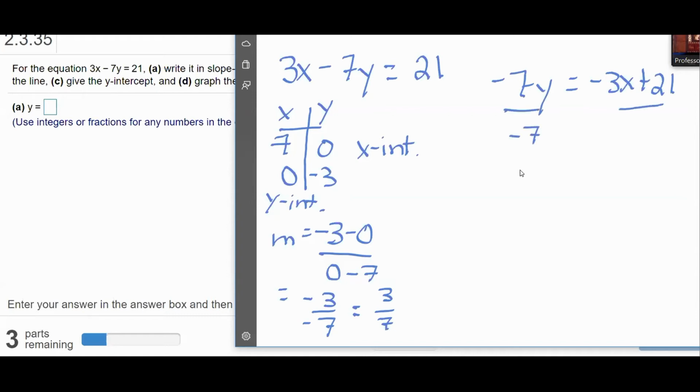Dividing by negative 7 is the same as multiplying by negative 1/7. And in that case, you would distribute that to the negative 3x plus 21.